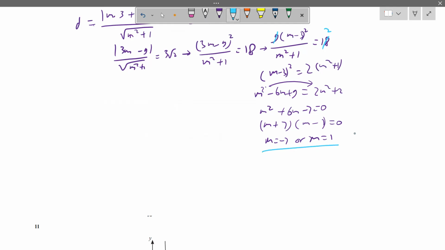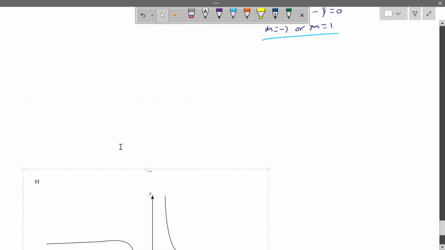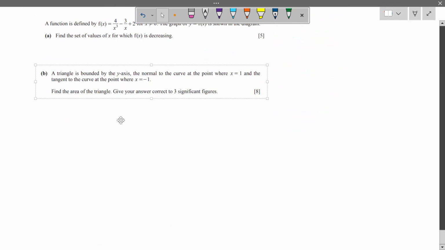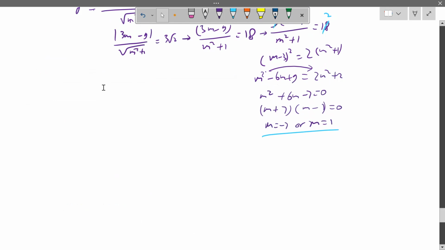But we're not done yet. We have to find the points of tangency. So the two lines that are tangent to the circle are, okay, I'm going to write this one.